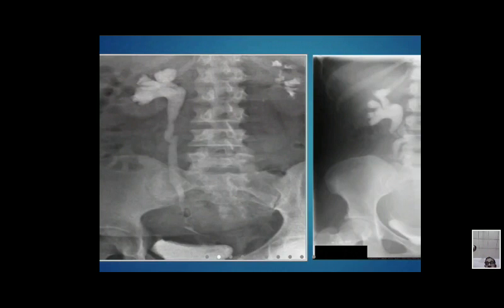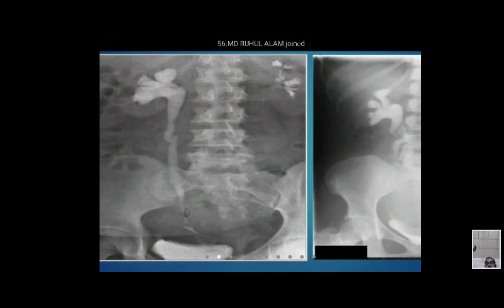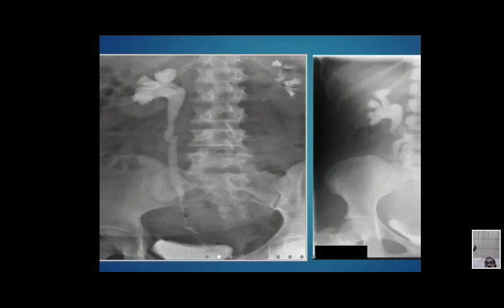In case of stricture urethra, it is treatment of the stricture. In case of congenital PUJ obstruction, treatment is Anderson-Hynes pyeloplasty. If you go through the textbook of surgery, Bailey and Love, you will get the answer.